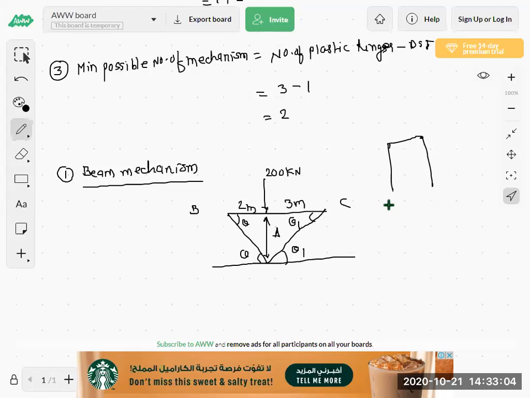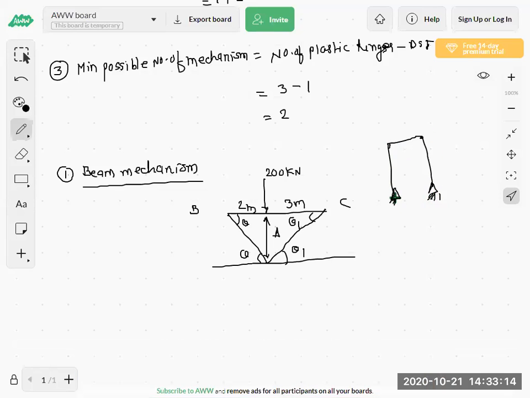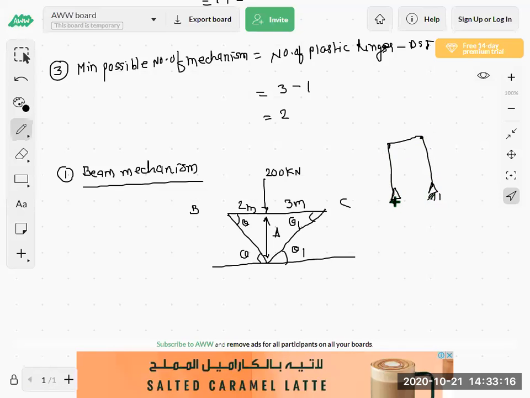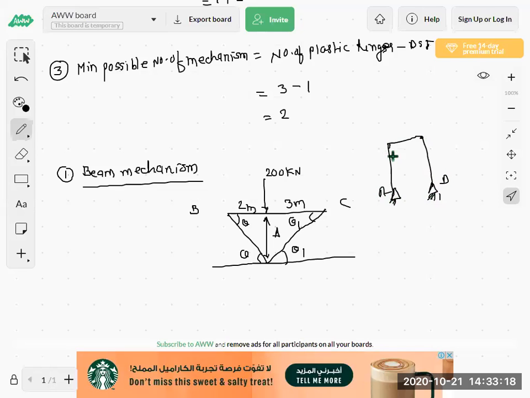Anyone can tell me? End supports are hinged. Both end supports are hinged. So this is continuous from A to D. A, B, C, D, the portal frame is A, B, C, D. So at B and C, these two are the continuous supports.